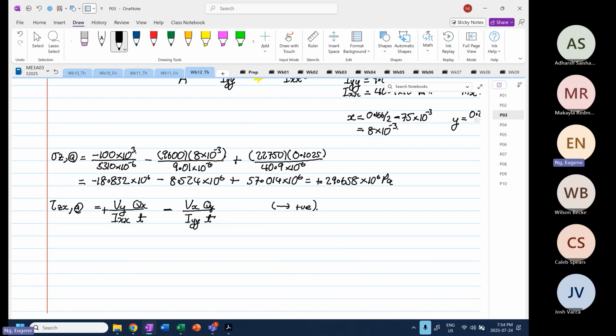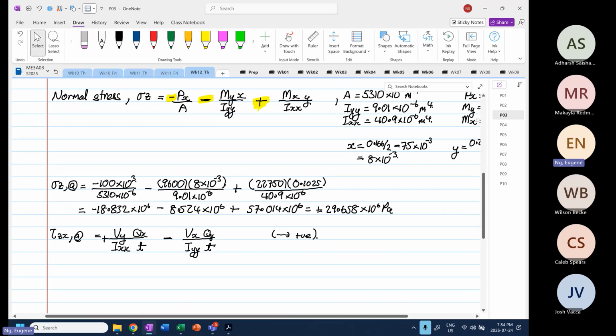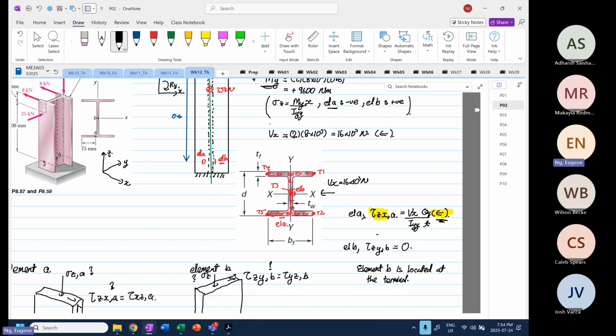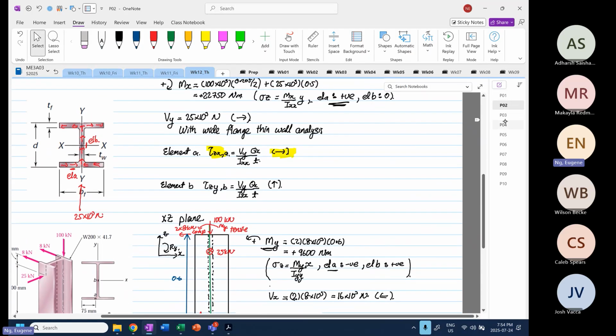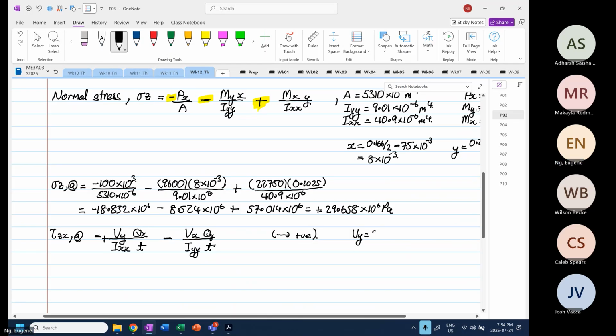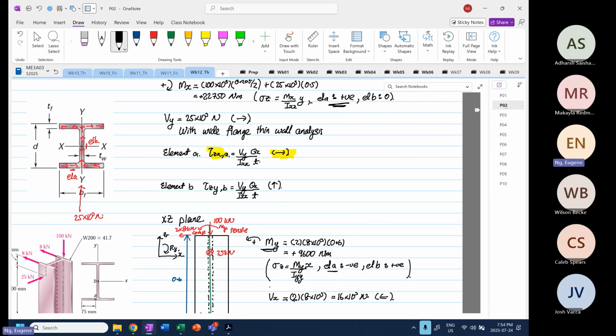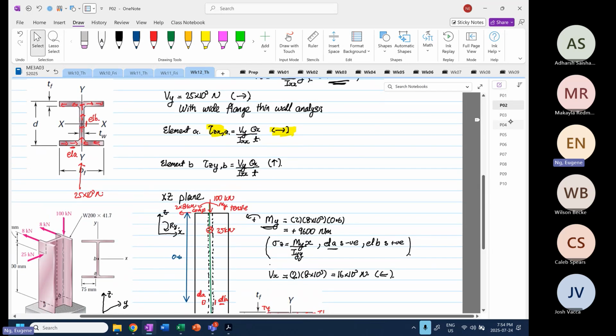So let's gather our values again. We know that Vy is equal to what? We calculated our Vy. Vy is equal to 25 times 10 to the power 3. And then we also know that Vx is equal to 16 times 10 to the power 3.